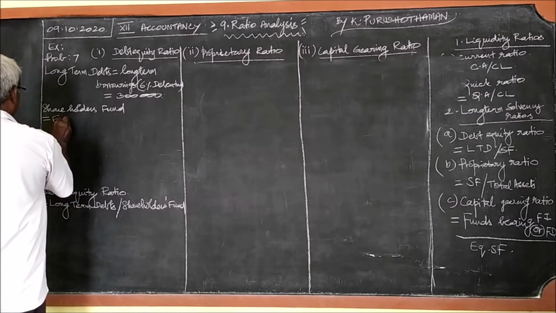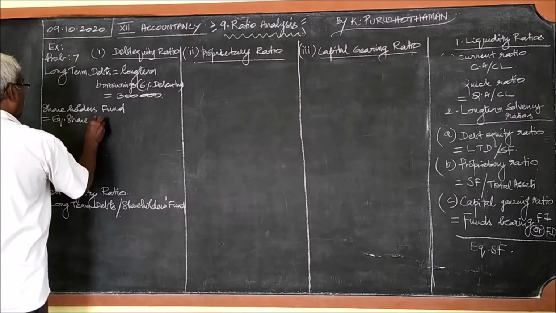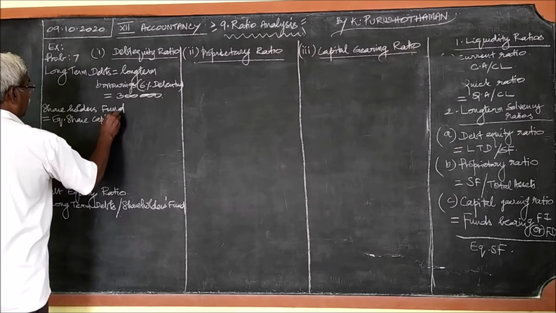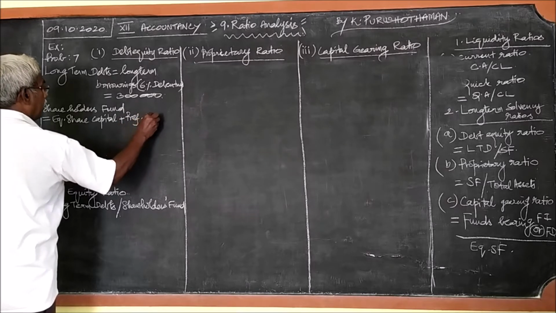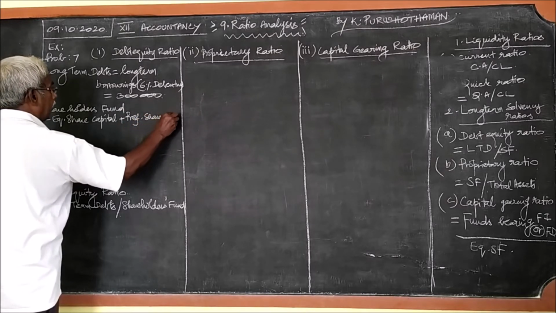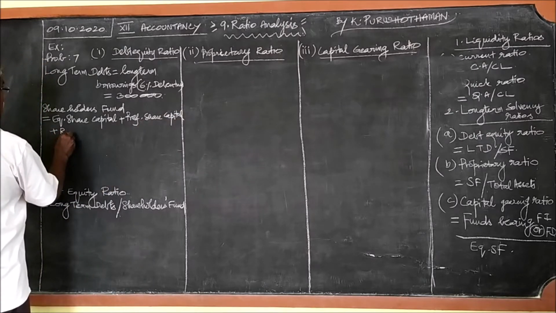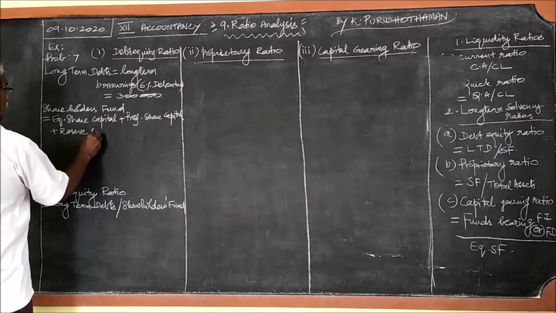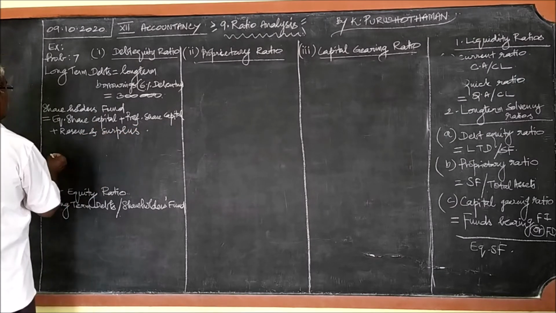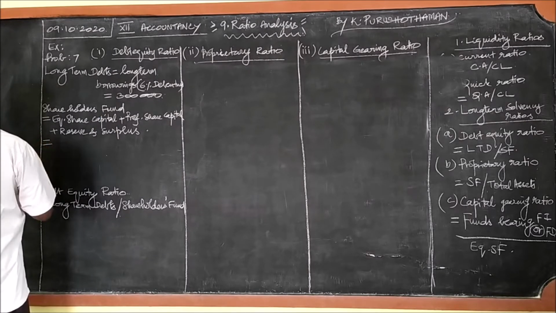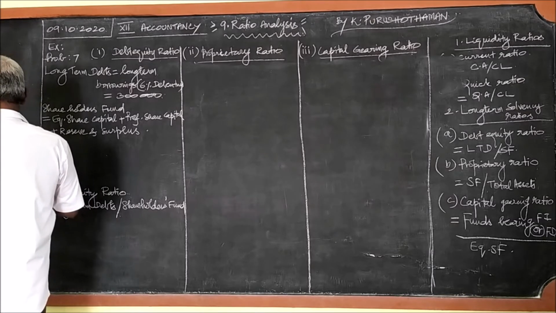Equity share capital plus preference share capital plus reserve and surplus. So what is the amount given there? We can find the values now.